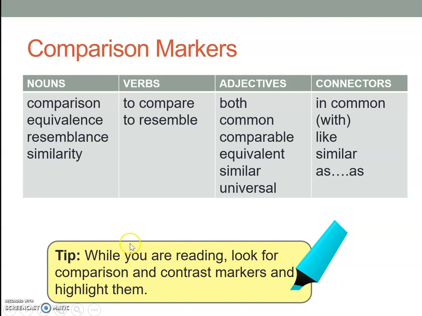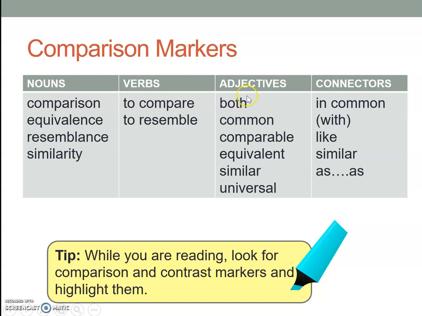There are all kinds of words that can help us see that there are comparisons being made in the text. And it's a good idea to learn these words. So we have nouns and we have verbs: comparison and compare. Equivalence, equal to, resemblance, resemble, they look like. Similarity, they're similar to.